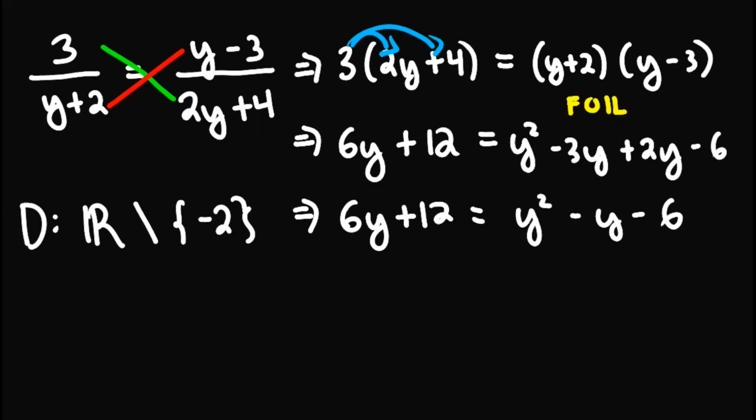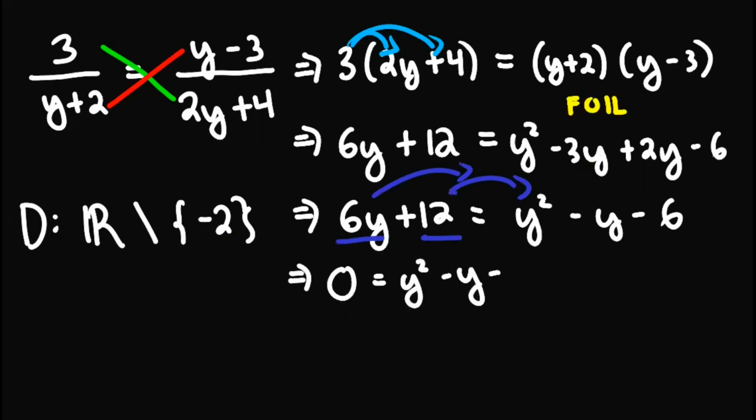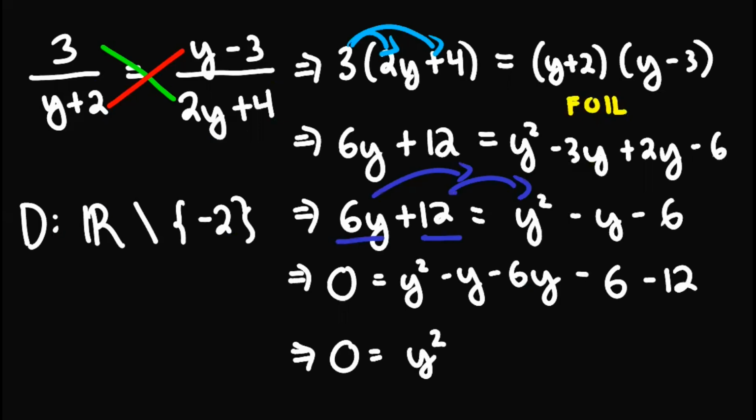Now from here, let's combine the like terms. So let's try to move these two terms to the right to obtain y squared. 0 equals y squared minus y minus 6y minus 6 minus 12. This simplifies to 0 equals y squared minus 7y minus 8.